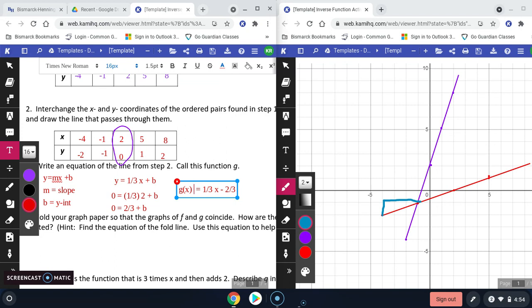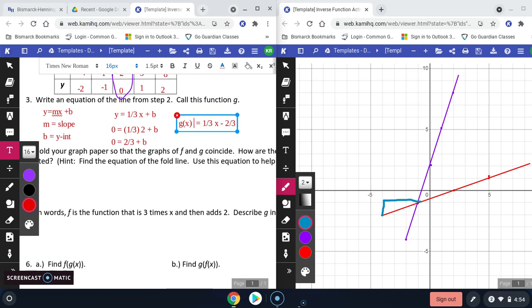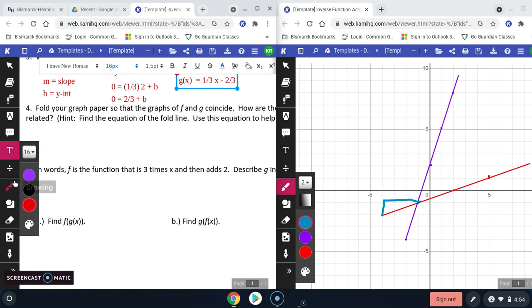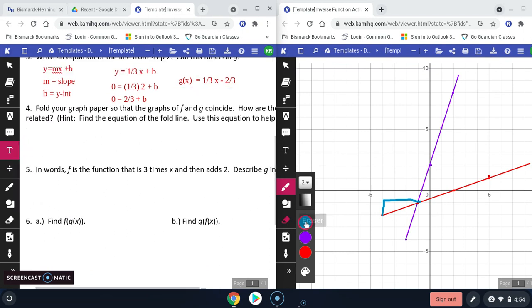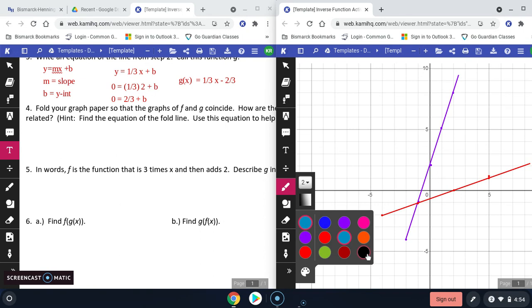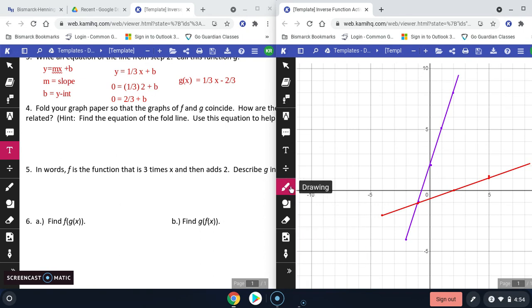Okay, now if you were in class with us today, we did our graphs on a piece of paper so that we could fold our piece of paper like number 4 tells us to do. So I had everybody fold their piece of paper so that your two lines match up with one another. And what happens is you'll notice your fold line intersects where the two lines intersect.